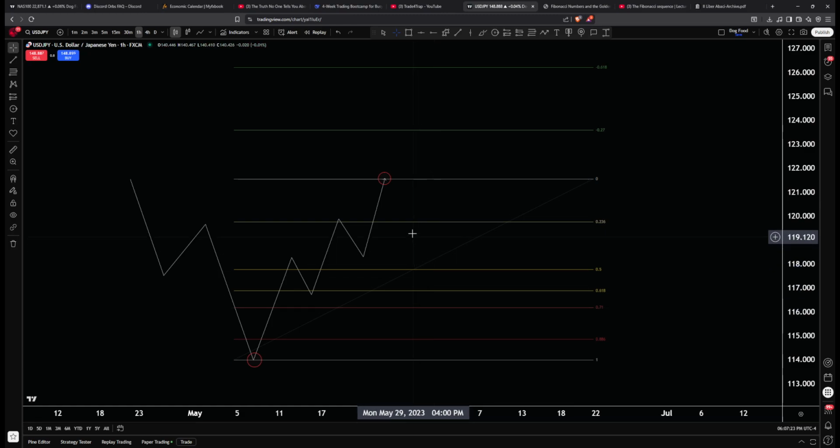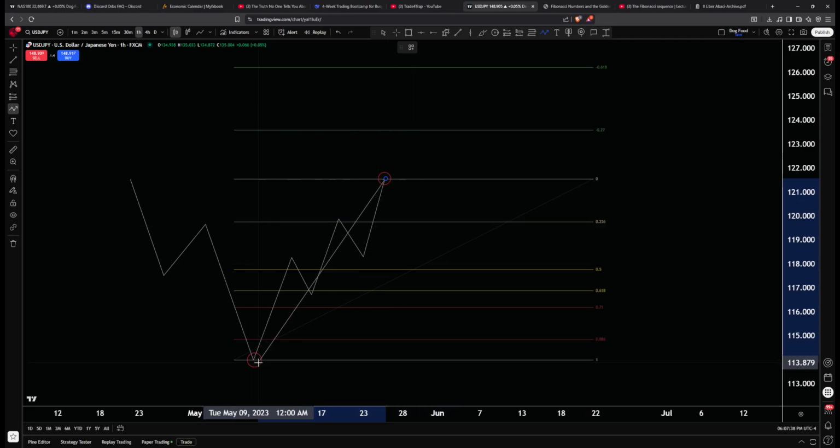You want to wait for the price to come back in these zones for a discount. So this 0.236 is 23% off. That means that if the price was to fall and touch this line, it would be 23% off from where it originally was, right? Now let's say it goes to this line.